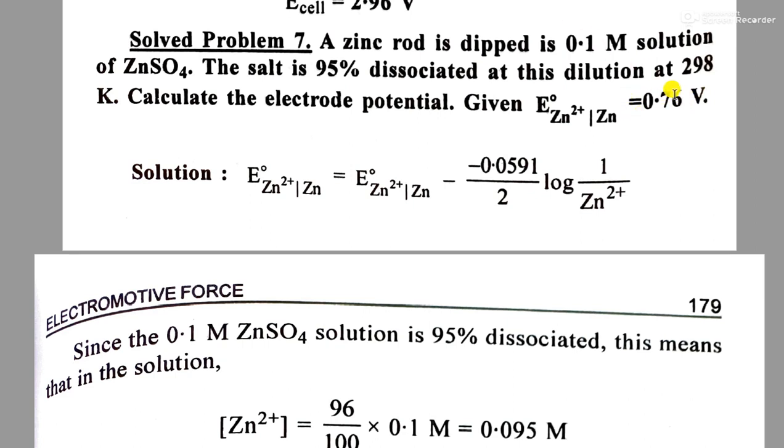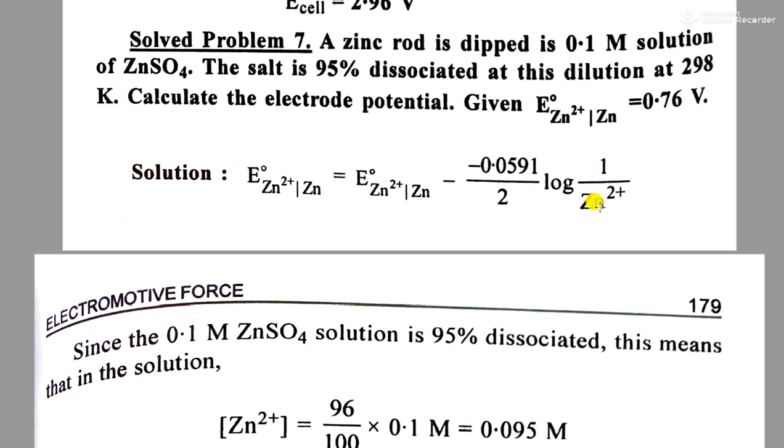Here also there is a small correction from your text. This is a negative 0.76 volt. From the electrochemical series you can see that the original value is negative only. In this case also, first you have to take the Nernst equation and substitute the value of concentration of zinc ions.